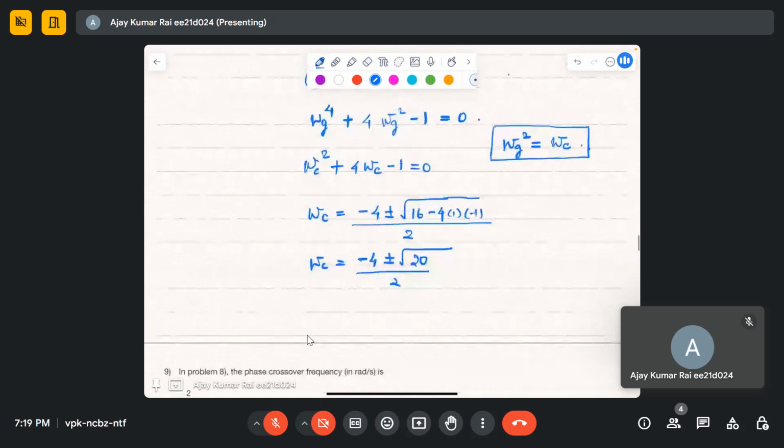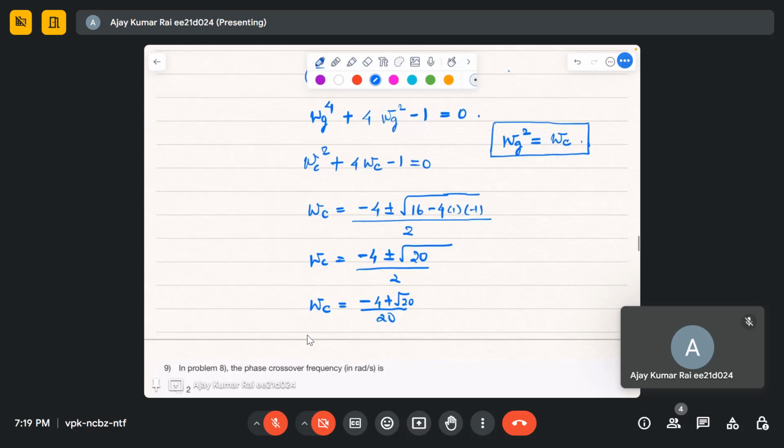So we'll not take the negative value, because you know omega c is positive. So omega c is minus 4 plus root of 20 by 2. So we have discarded the negative omega c value.